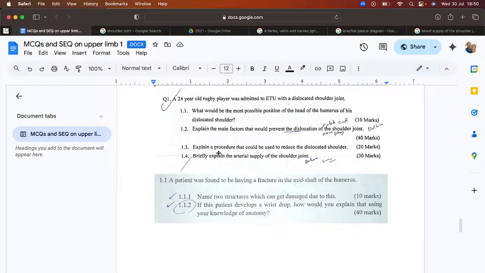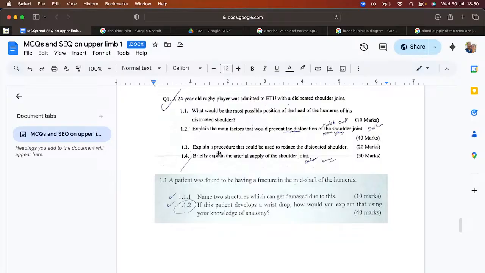So if it's the Koch's method, you need to say that you're going to flex the elbow and you're going to rotate the forearm outwards, which helps basically to stretch the subscapularis muscle, so that helps to maintain the scapula adherent to the thorax, but also at the same time the humerus to the scapula.